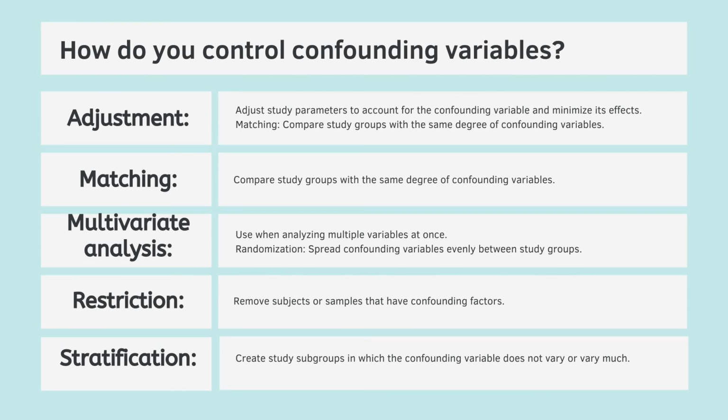Multivariate analysis: use when analyzing multiple variables at once. Randomization: spread confounding variables evenly between study groups. Restriction: remove subjects or samples that have confounding factors. Stratification: create study subgroups in which the confounding variable does not vary or vary much.